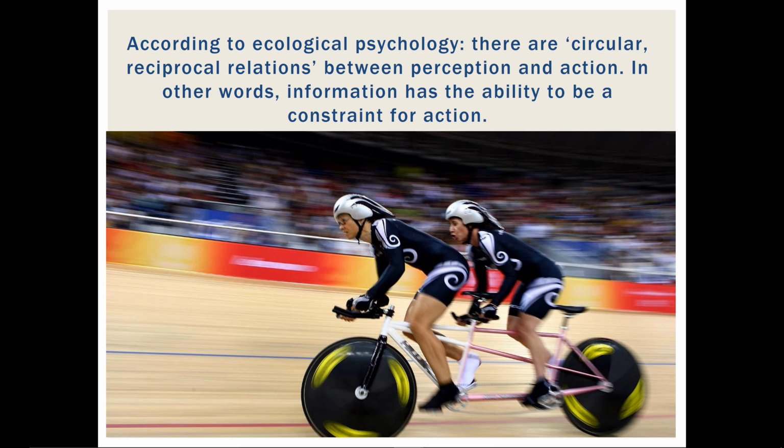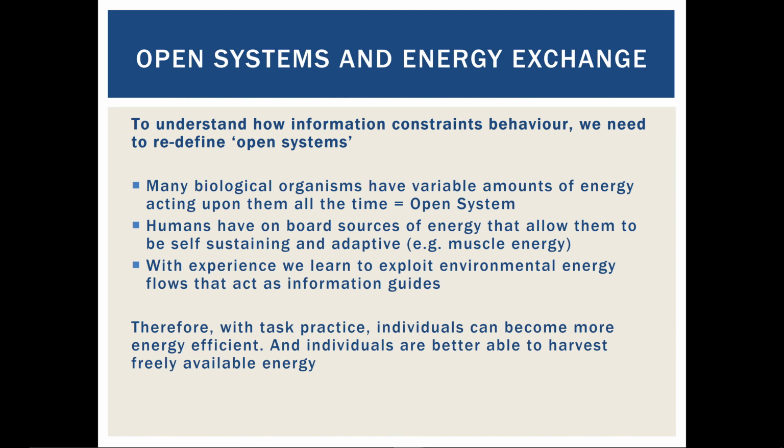So first of all, to understand how that information affects action, we have to revisit the concept of open systems. Remember in the very first lecture when we talked about open feedback loops and closed feedback loops? Yeah? This is not the same. Because when we talk about an open system, you have to think about it as an open skill, a skill in which information is continuously changing the way that you are executing that skill.